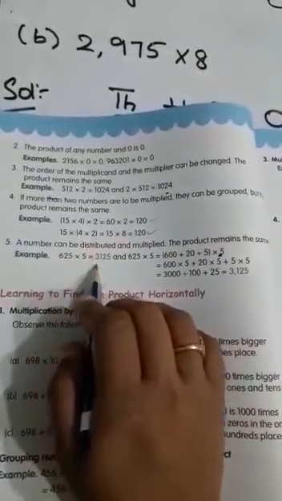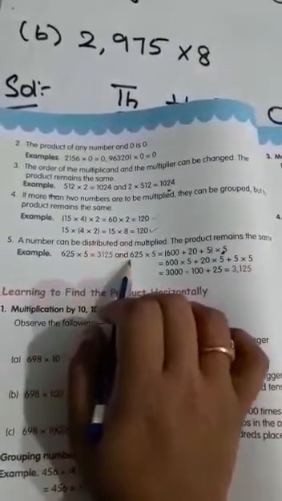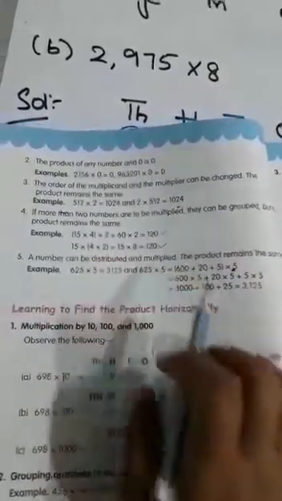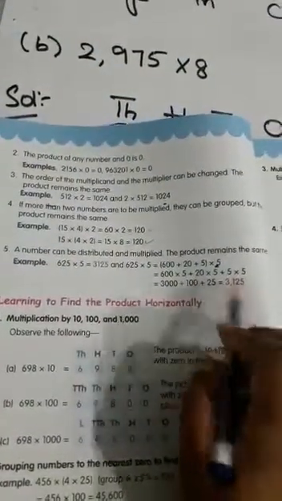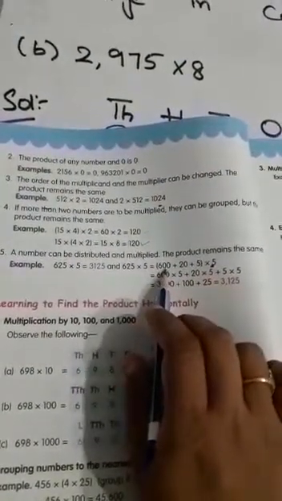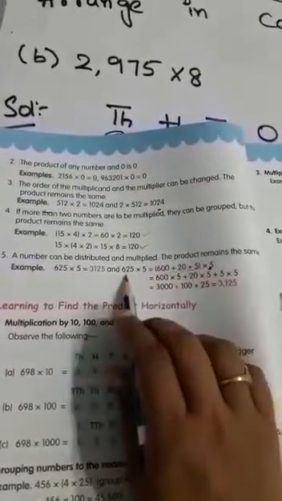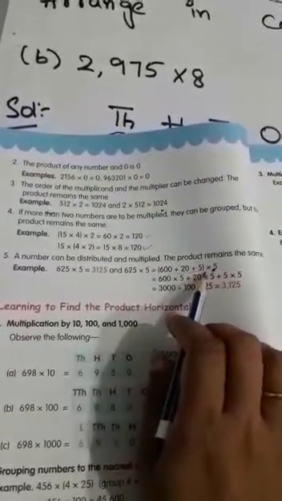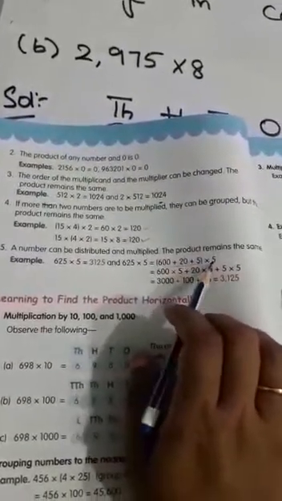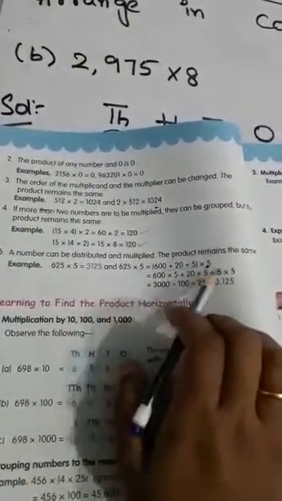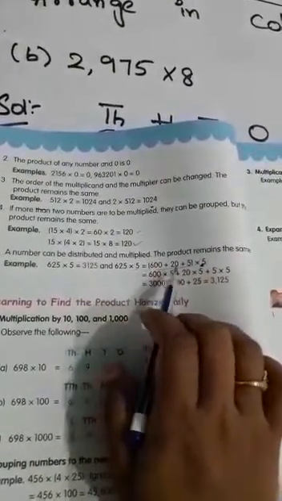625 into 5 equals 3125 and 625 into 5 equals 3125. Okay. So here they have expanded this number: 600 plus 20 plus 5, into 5.